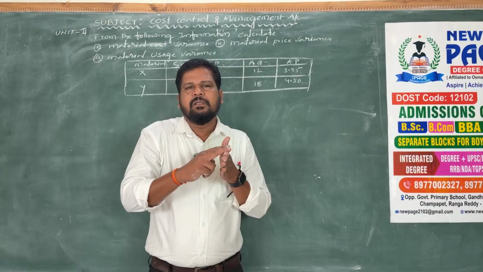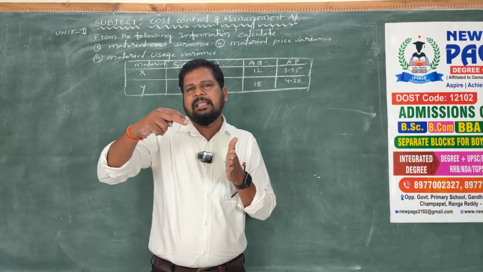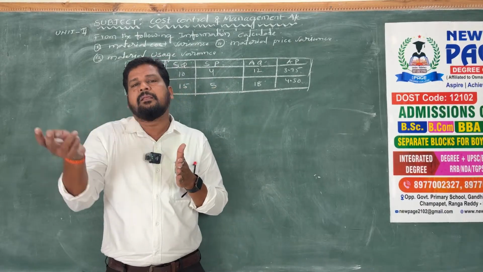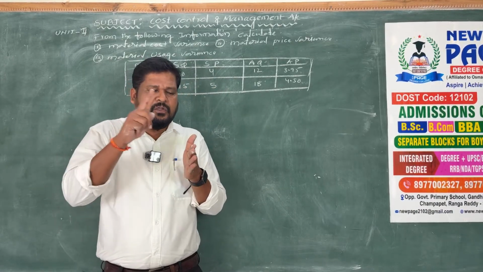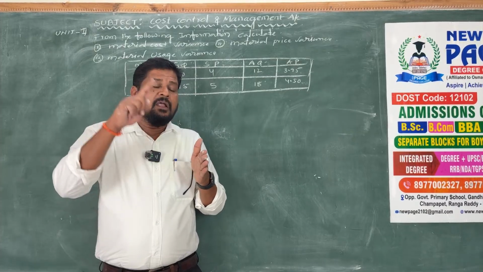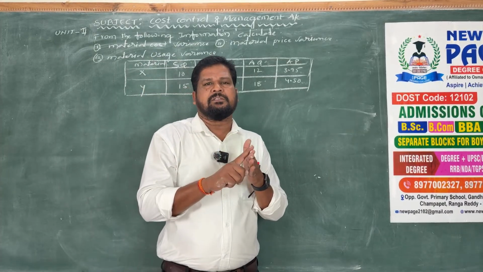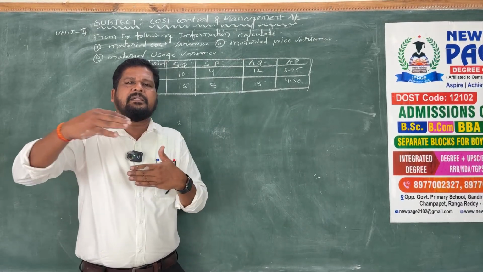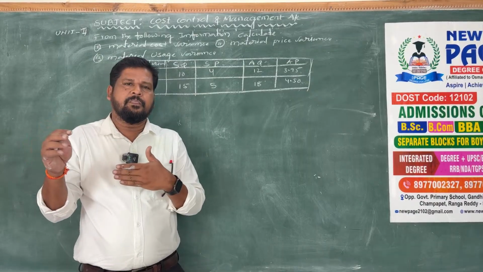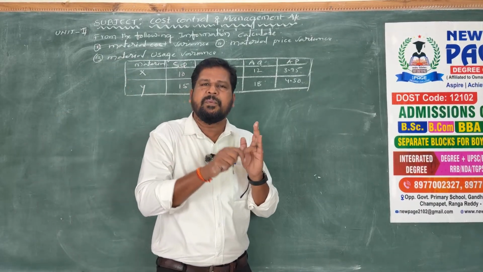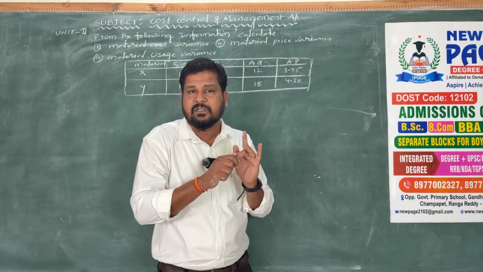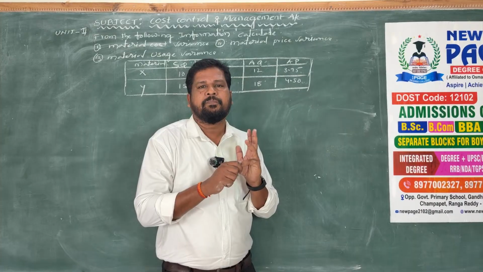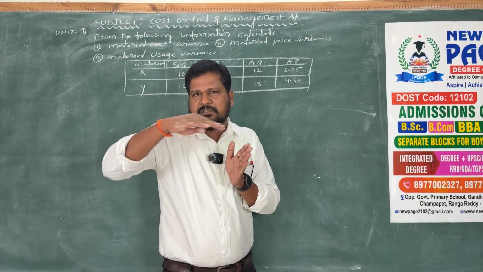Costing methods help in ascertaining the cost of any production, like the cost per unit and the total cost of production. Different costing methods are there: batch costing, operating costing, process costing, contract costing, right? And absorption costing.